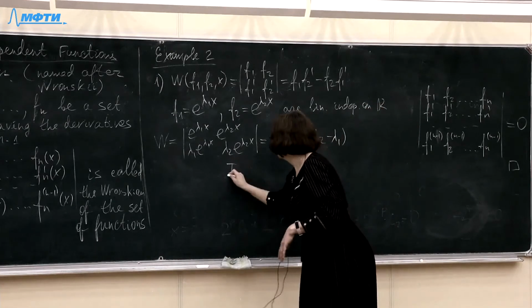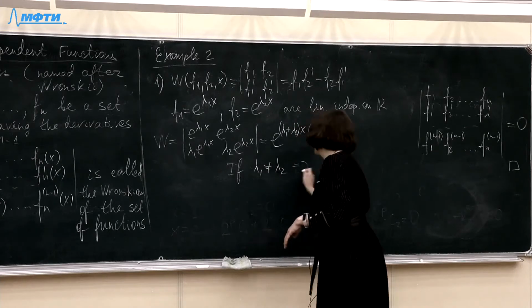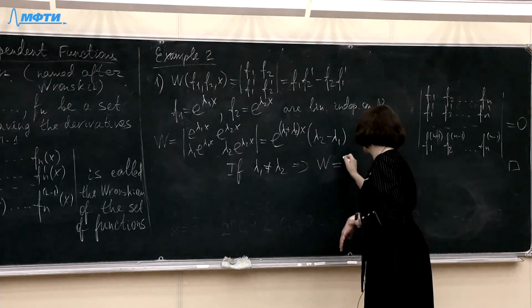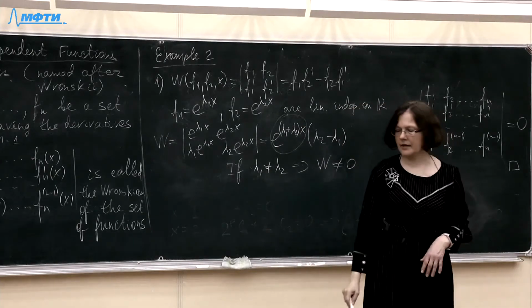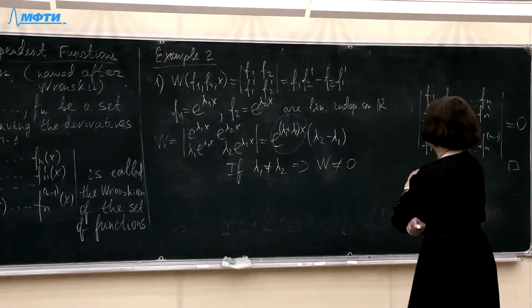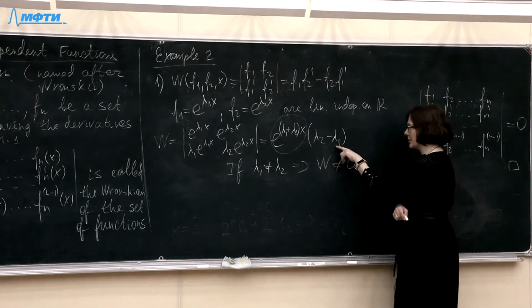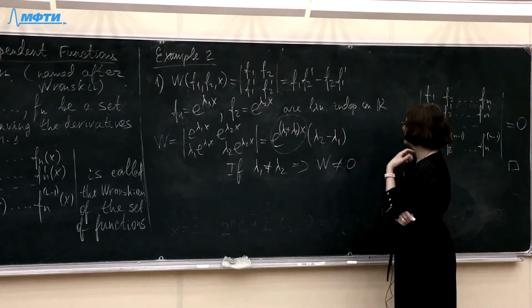So if lambda 1 is not equal to lambda 2, then the Wronskian is not 0, because this factor never vanishes.